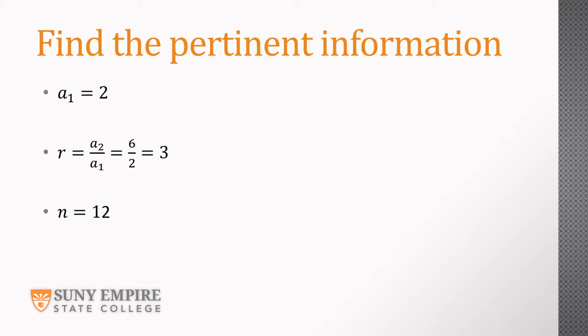The first term is given to be 2. The common ratio is found by dividing the second term by the first. We have 6 divided by 2, so the common ratio r is 3. And we are looking to sum the first 12 terms, so n is 12.